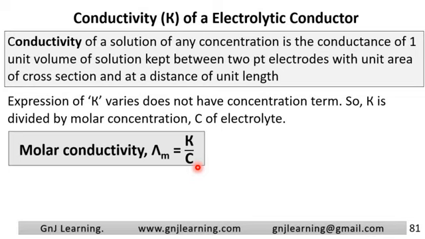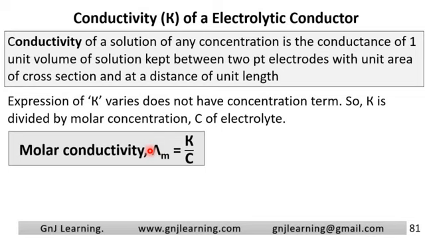It is called molar conductivity, and it is expressed using the symbol lambda m. This lambda is uppercase or capital lambda in the Greek alphabet. Like English, the Greek alphabet has uppercase and lowercase letters. We have seen the lowercase lambda, which is used for wavelength.